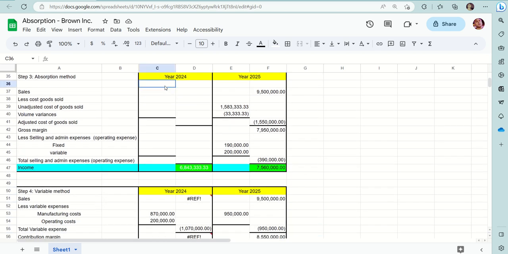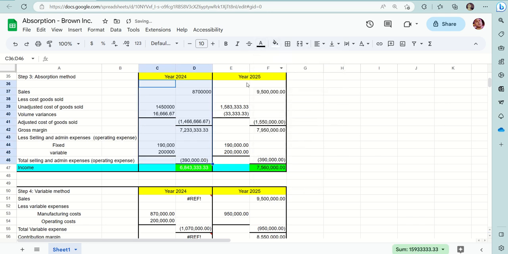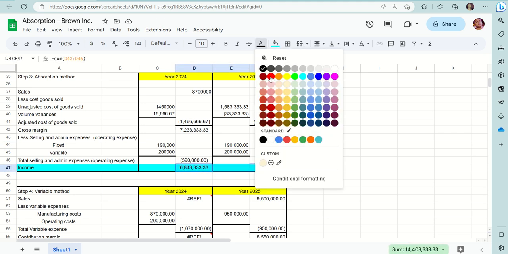We can put this color back so you can see that. And we're going to also put this back to the original color. And this is black cell, black ink. Perhaps you can put them in a different color, maybe some in red.